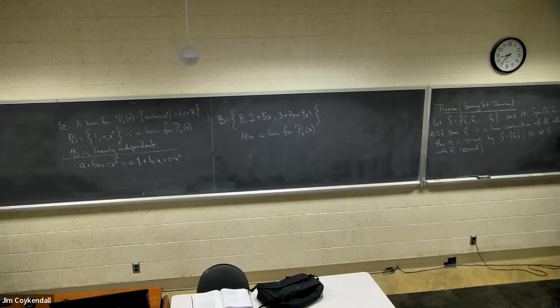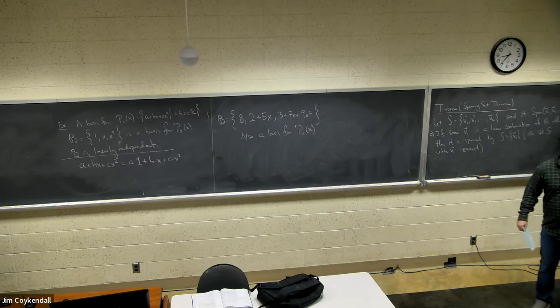So if one of the vectors, say vi, is a linear combination of the others, you can just take it out, and you're still spanned by the set with vi removed.